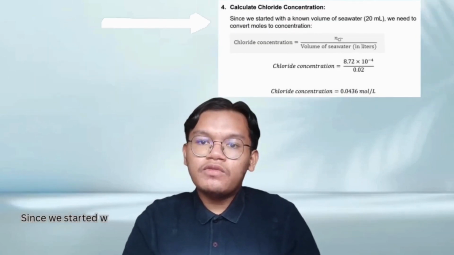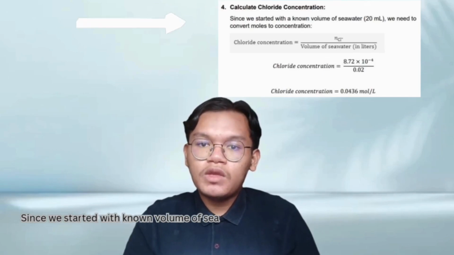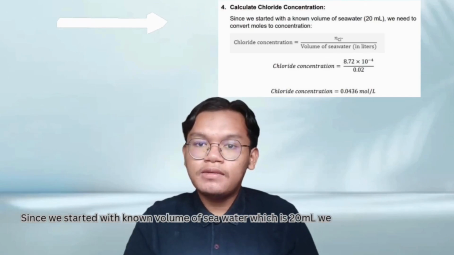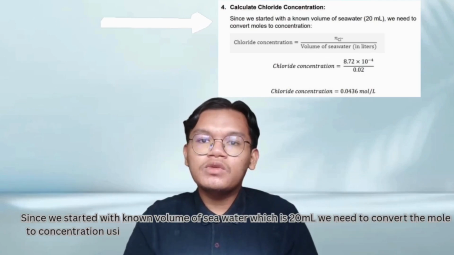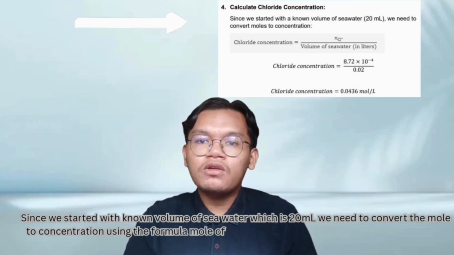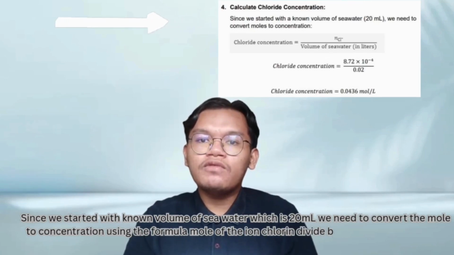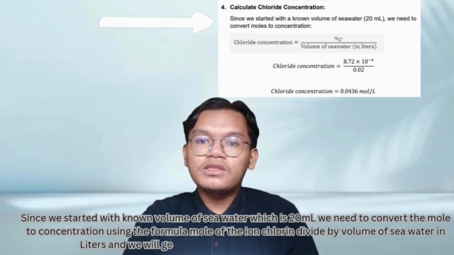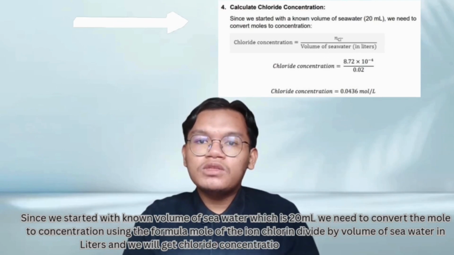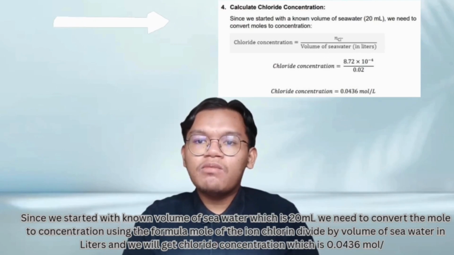Since we start with a known volume of seawater, which is 20 ml, we need to convert the moles to concentration using the formula: moles of chloride divided by the volume of the seawater in liters, and we will get the chloride concentration, which is 0.0436 mole per liter.